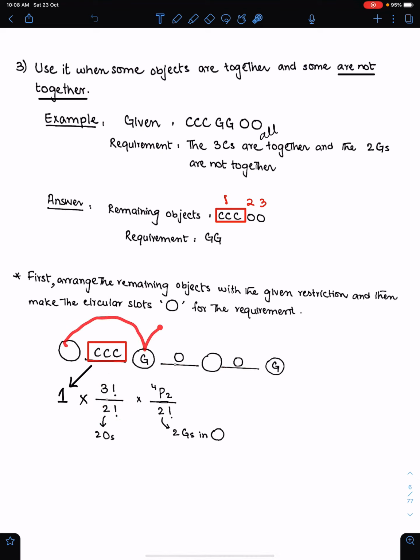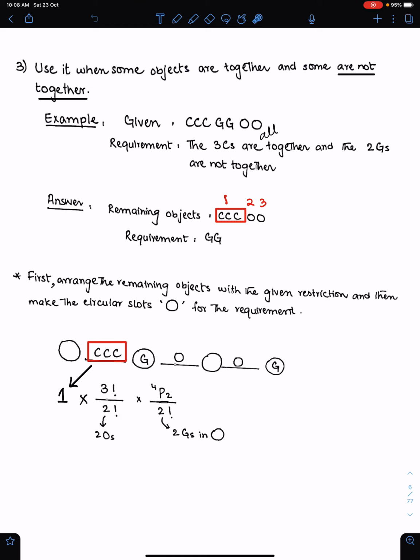We have 4 empty slots, because the slots are always one more than the remaining objects. We have to fill any 2 slots out of 4, so we write 4P2, and since both filled slots are the same, we divide 4P2 by 2 factorial.